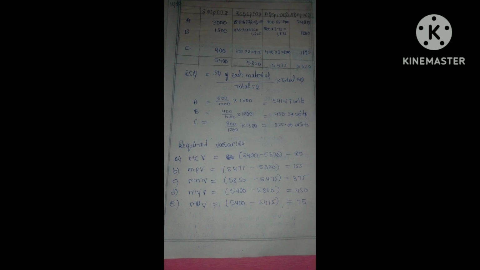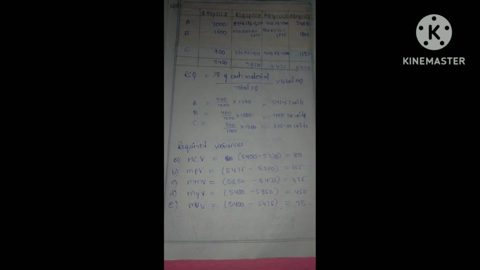Now we have to calculate for 3 materials, that is A, B and C. First calculate for material A. Standard quantity of A is 500, total standard quantity is 1200 and the total actual quantity is 1300. So 500 divided by 1200 into 1300, we will get 541.67 units. Now for material B, the standard quantity is 400.